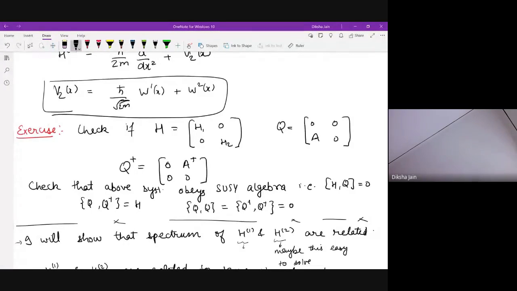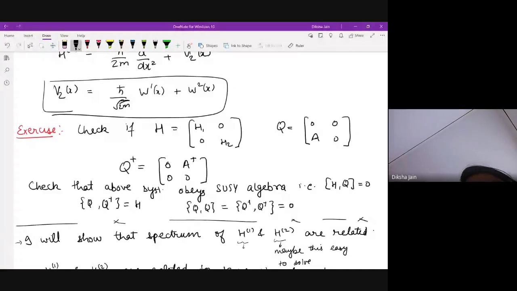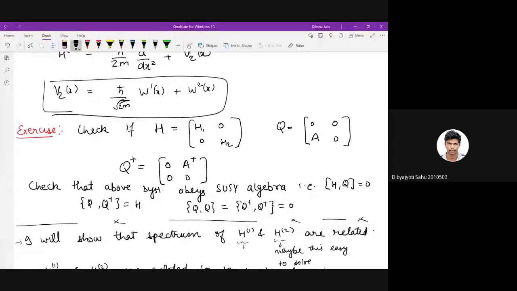It will relate the different eigenstates of the same Hamiltonian to each other. And then H2 I can take as H1. No, H2 cannot be H1. It has to be different.